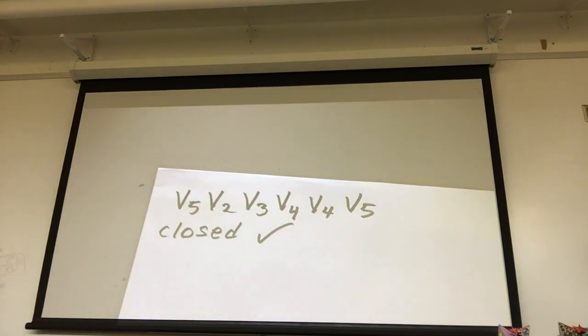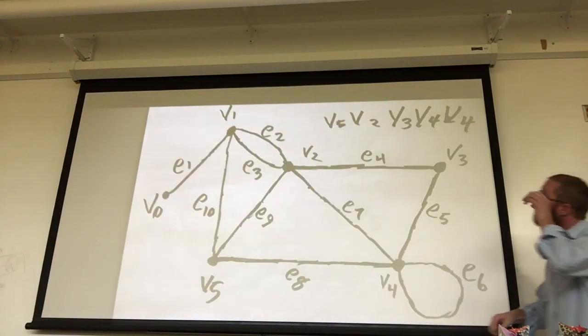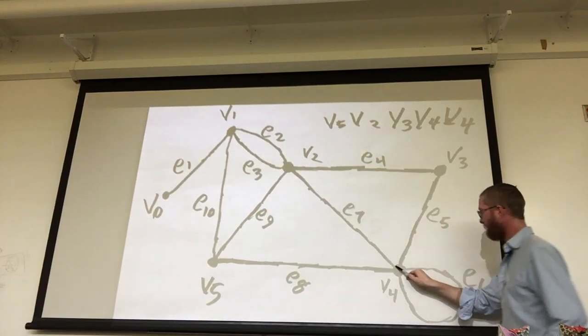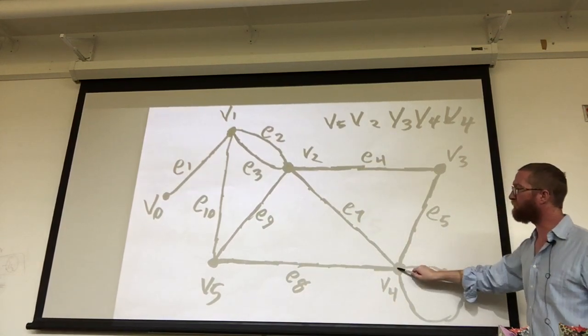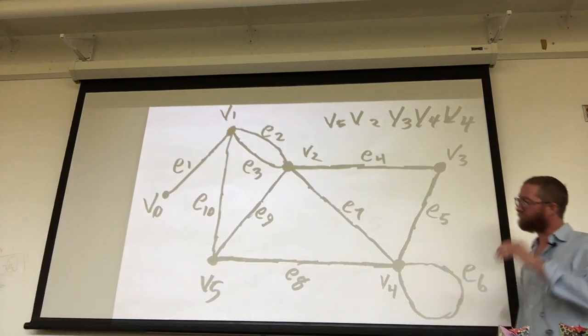Now, we actually had to walk along that thing to see. We know it's closed because we get back to where we started. We went from V5 to V2 to V3 to V4, looped back around, and went back to that point right there.